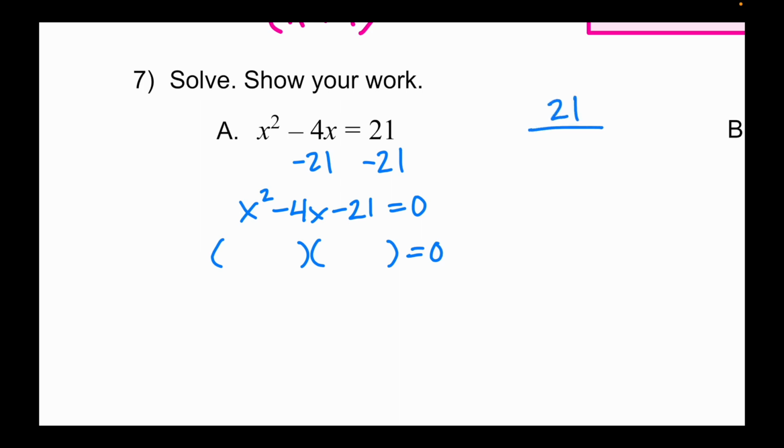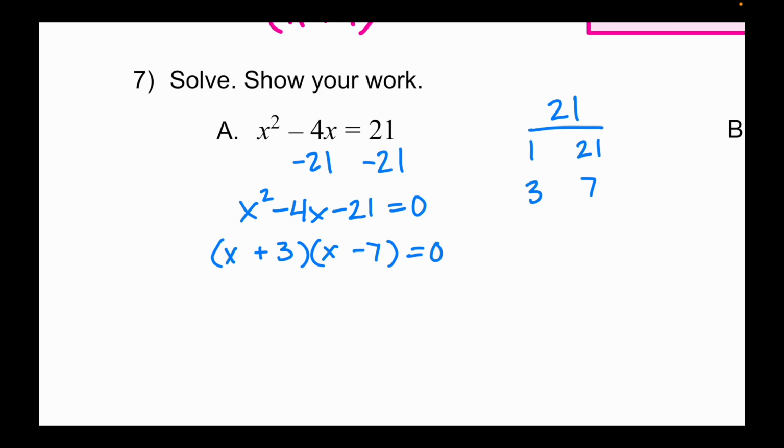And since I'm showing all of my work, I'm going to show that I'm writing those out. 1 times 21, 3 times 7, and that's it. We want numbers that will create -4. So we're going to use 3 and 7, and the 7 will be negative, and the 3 will be positive.